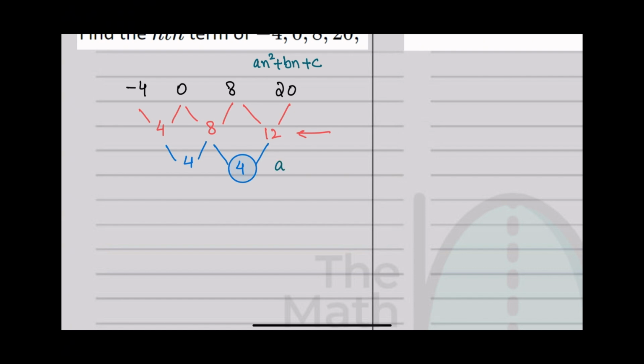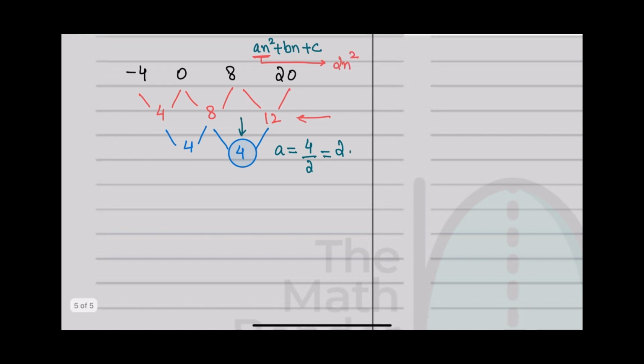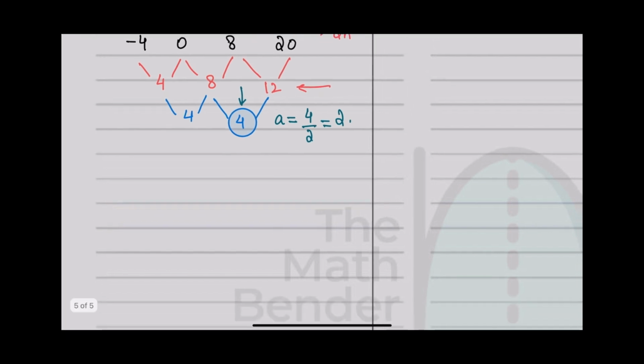And a is going to be whatever this number becomes, divided by 2, which is going to be 2. So I can say my first term here is going to be 2n squared. Now, after finding the coefficient for n squared, let's rewrite the pattern.